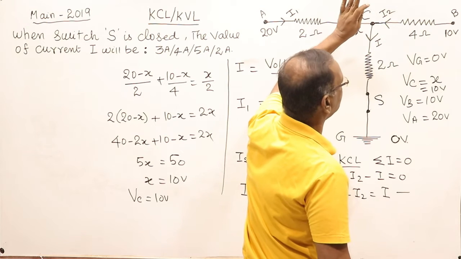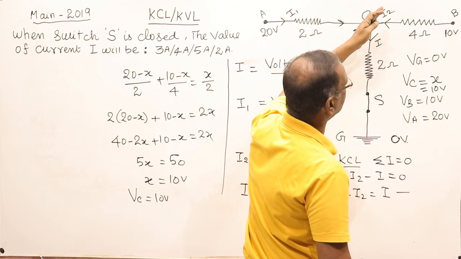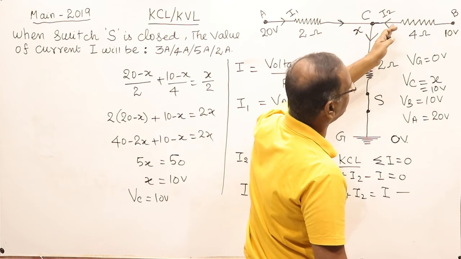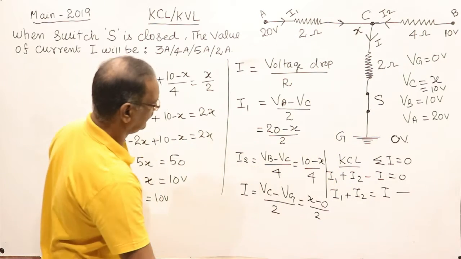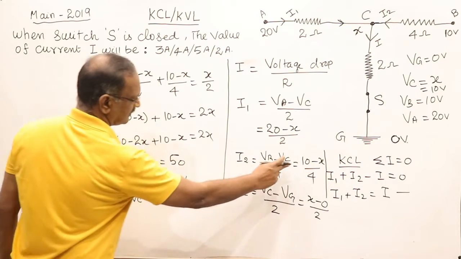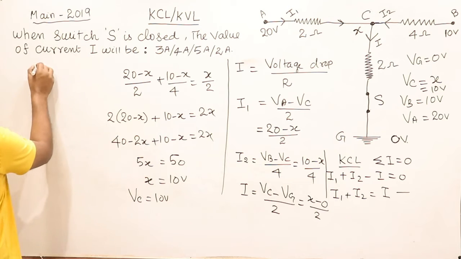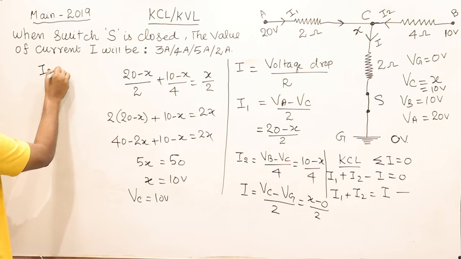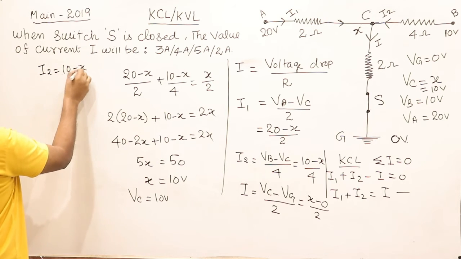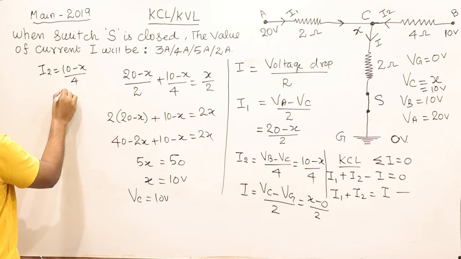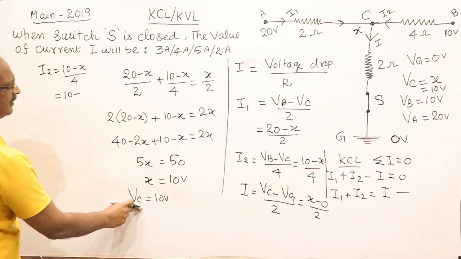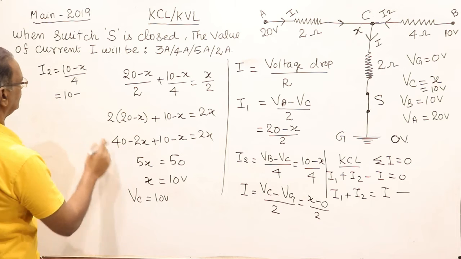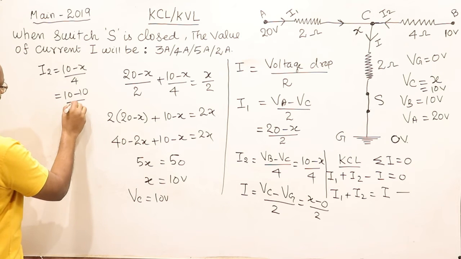The potential difference is equal to 0. It means current is equal to V by R, that is 0 by 4, so I2 has to be 0. Let us find out I2. I2 is equal to 10 minus X divided by 4, where X is the potential at junction C, which is 10.